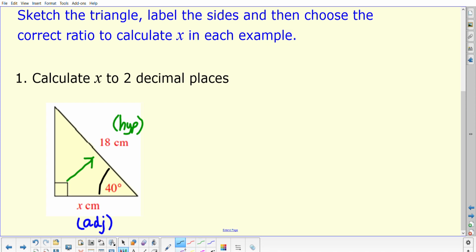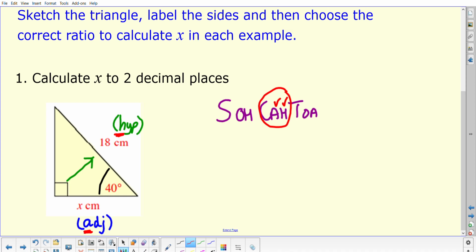Now if we then write down our SOHCAHTOA, we can look at and decide which of the ratios we need. We can clearly see that the two sides that we're dealing with here are the adjacent and the hypotenuse. So I'm looking for an A and an H to represent adjacent and hypotenuse, and that would be this ratio here.